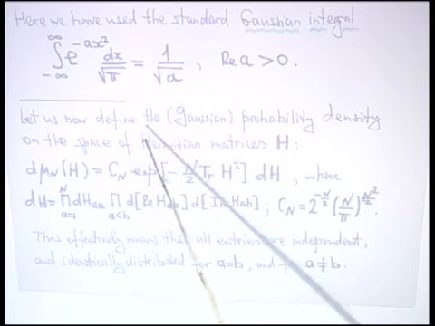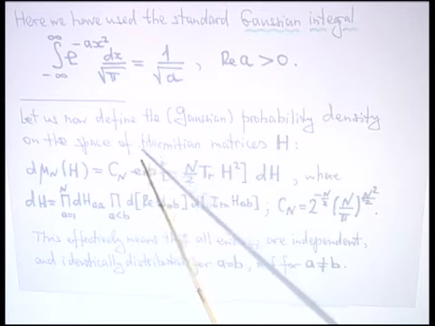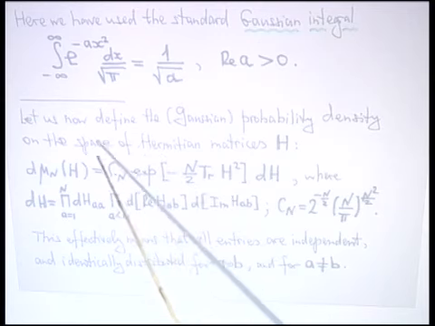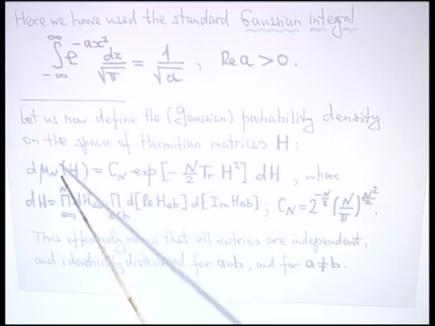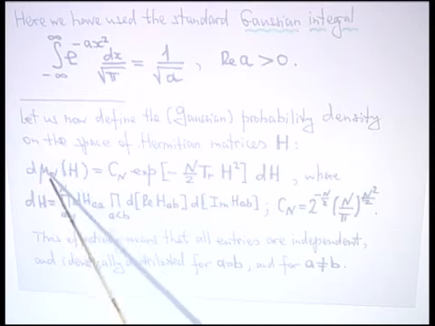Essential important factors are the following. There is some normalization constant. I just defined it in a way that if we integrate over all independent variables which feature here, we will get 1, so it's a normalized measure.